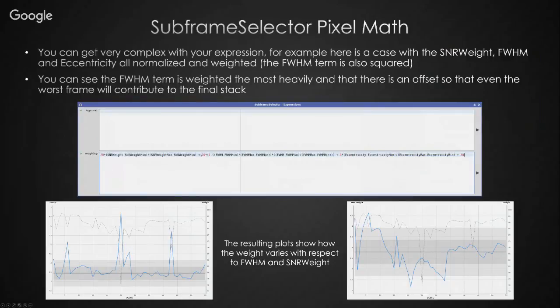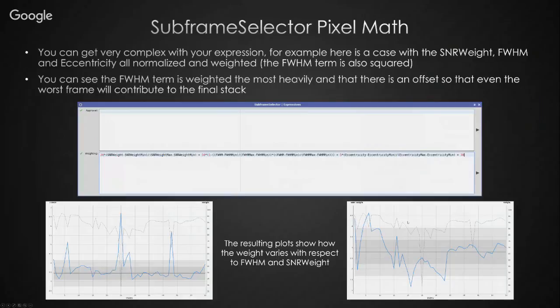The weight for the full width half maximum score is 50, and eccentricity is kind of low. I've also put an offset on here so that nothing will go below the value of 30, so that whenever I go into my actual stacking algorithm with this weight, something will always be adding some value to the final stack.